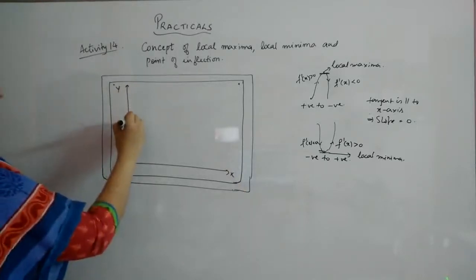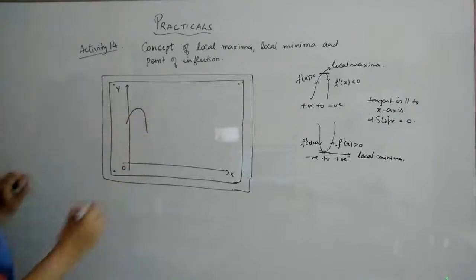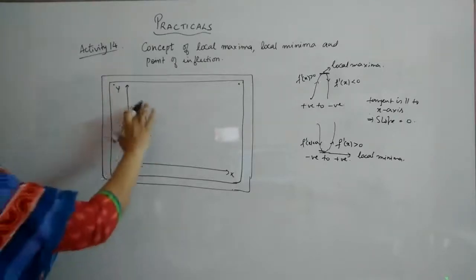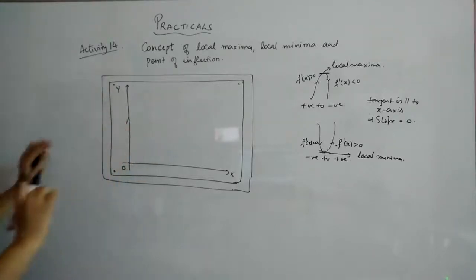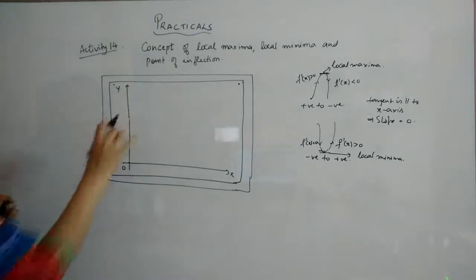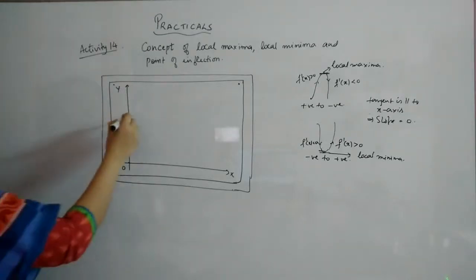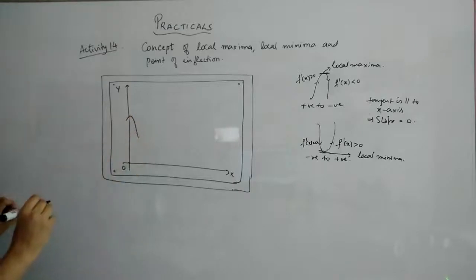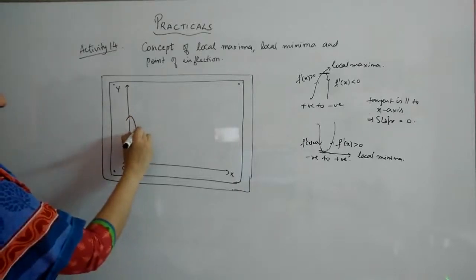Here the curve is going upwards. Sorry, it is downwards. Whatever you want you can take. I'm just mentioning these points, that's why I'm taking the graph like this. It is going like this, then it is coming up.